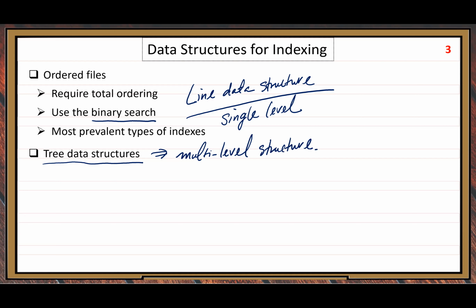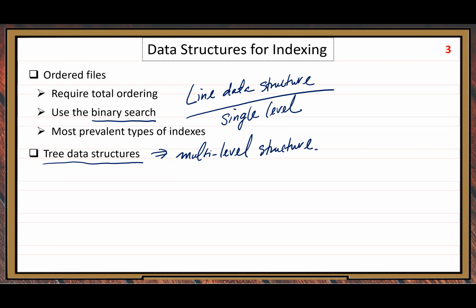For the multi-level structure, you can handle large data size because you organize your data in many different levels. At each level, you only need to do one comparison, then you go to the next level.